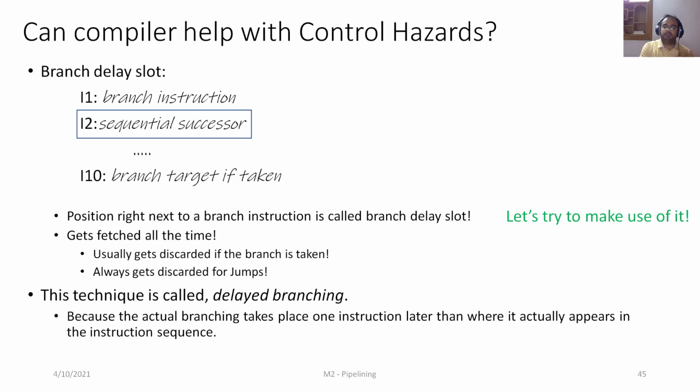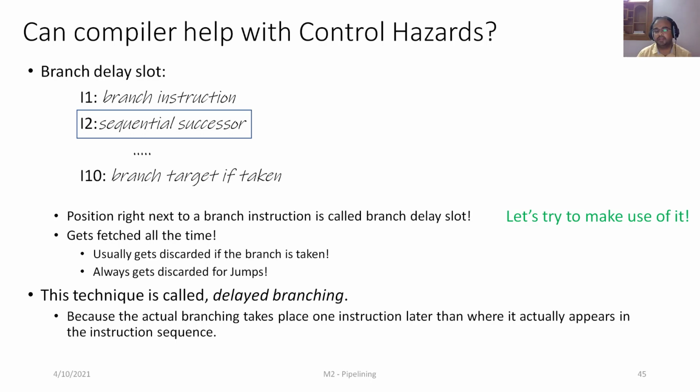In the previous simple technique to handle control hazards, we were flushing the pipeline. And if we look at the execution after I1, we expect I10 to be executed. And if we have fetched, let's say I2, I3, etc., they get flushed out of the pipeline.